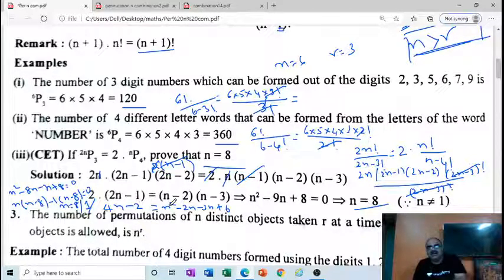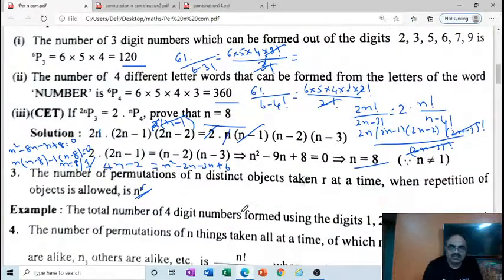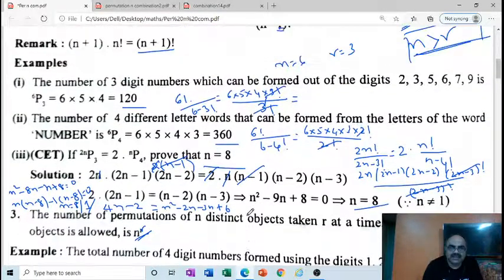Suppose in the first and second examples, we have repeated it. So when such repetition is allowed, then the number of permutations is n to the power r.